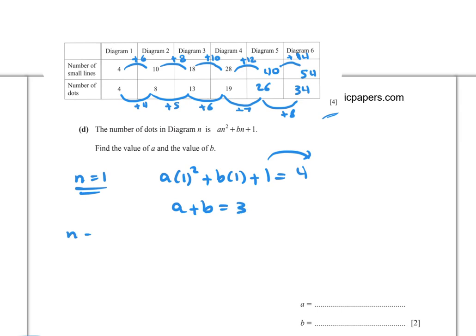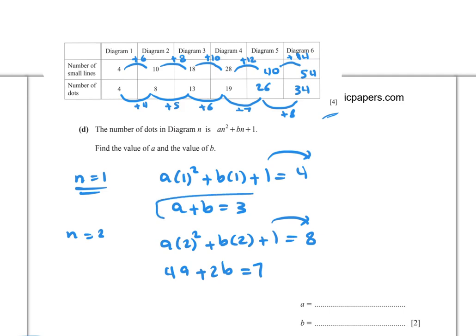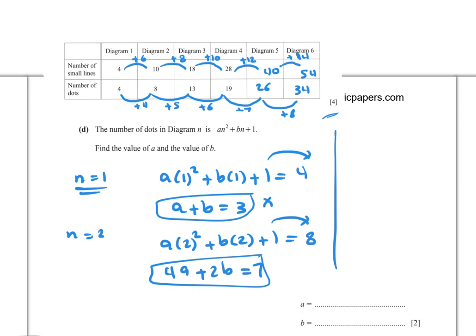If you put n equals 2, number of dots equals 8. So A times 2 squared plus B times 2 plus 1 equals 8. So 4A plus 2B, you can transpose 1 to the other side, so equals 7. This is the second equation. So now you can solve them simultaneously to find A and B. You can multiply the first equation by 4, then subtract.